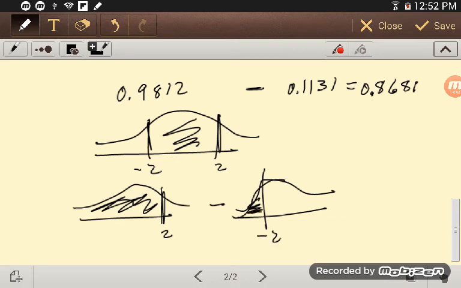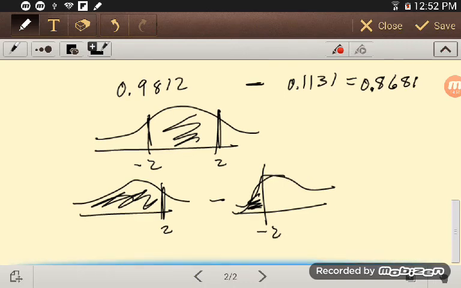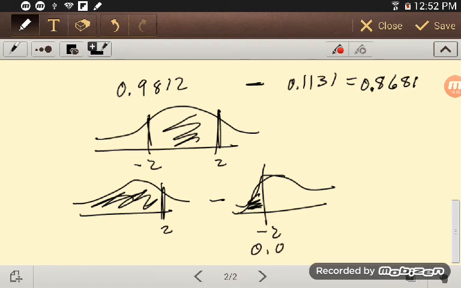What we get for the minus 2 is 0.0228, and positive 2 is 0.9772.